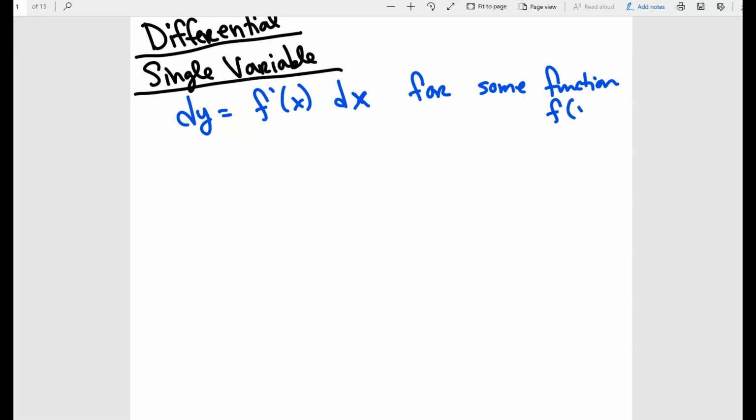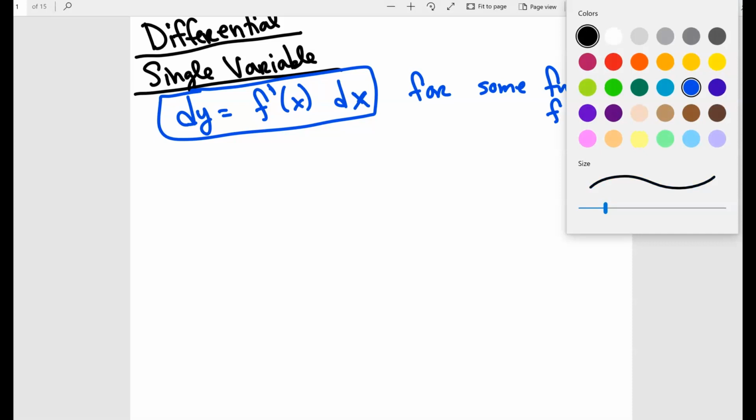So this looks very similar to u substitution, where you have du equals the derivative of the function dx, which basically is the same thing. Instead here we have dy. So this is what we call the differential. This is by definition the differential. So basically, a little change of y can be estimated with a derivative. That's basically what it's saying.